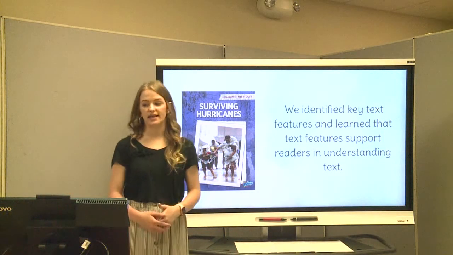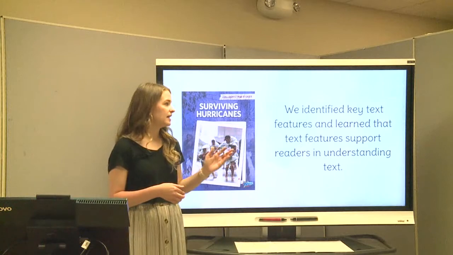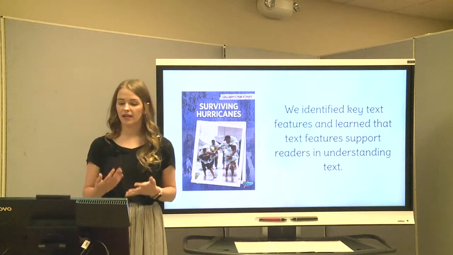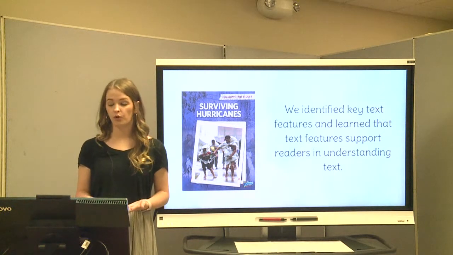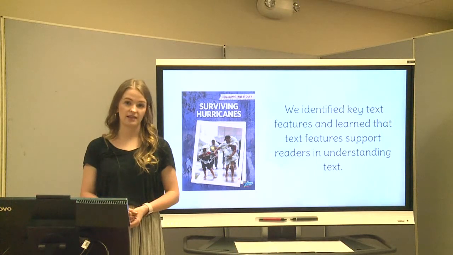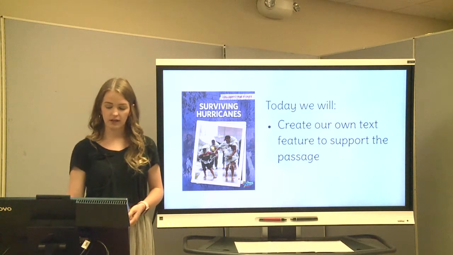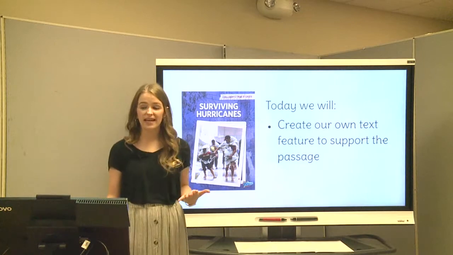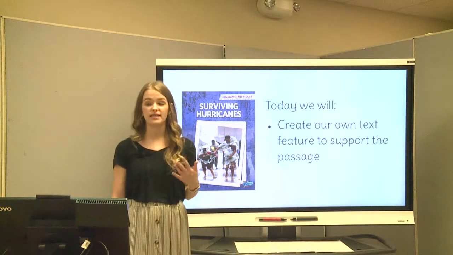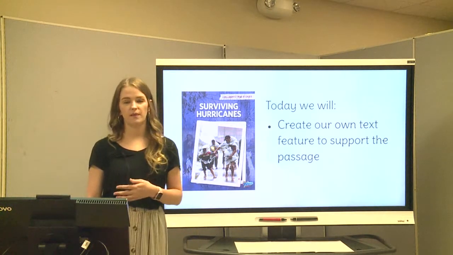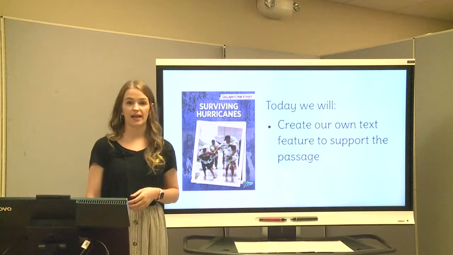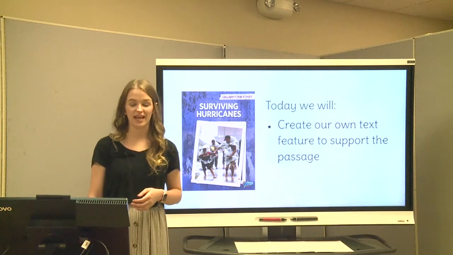In our last lesson, we identified key text features and learned that text features support readers in understanding the text. Today, we are going to use that information to create our own text feature to support the passage, Surviving Hurricanes, that we've been reading the past 3 days.